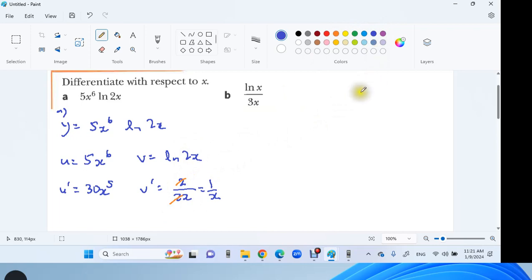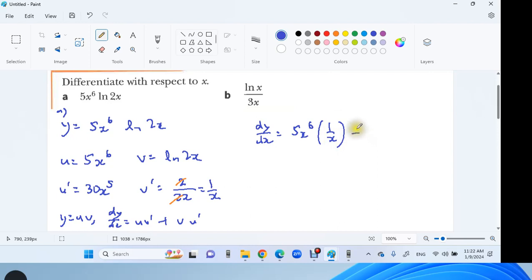And then since we have y equals uv, dy/dx is uv prime plus vu prime. So the dy/dx for a is we copy the one in front and then we differentiate the one behind, plus we copy the one behind and then we differentiate the one in front.